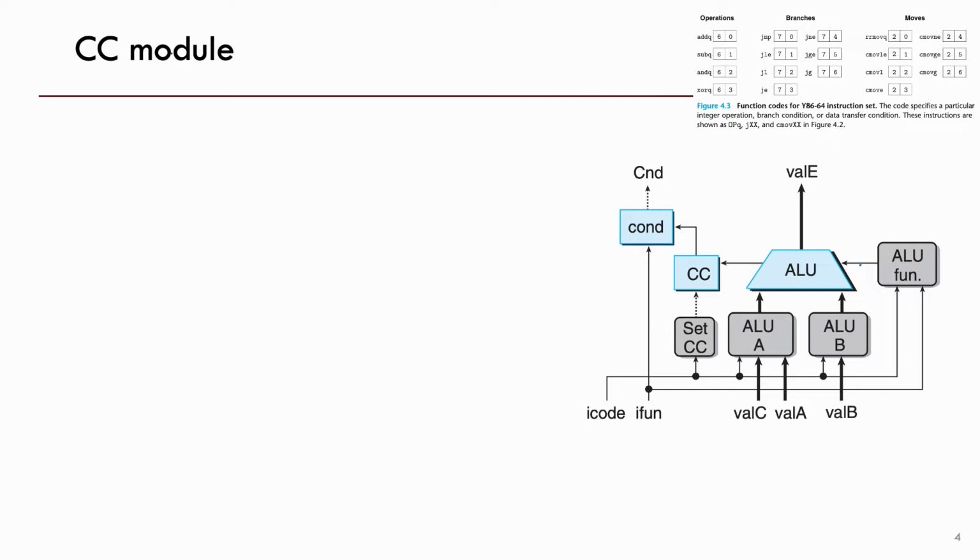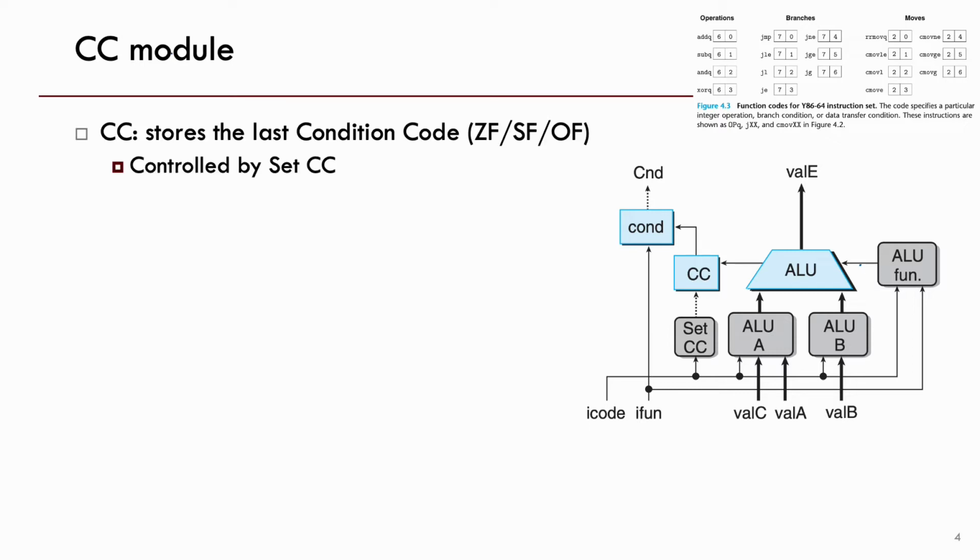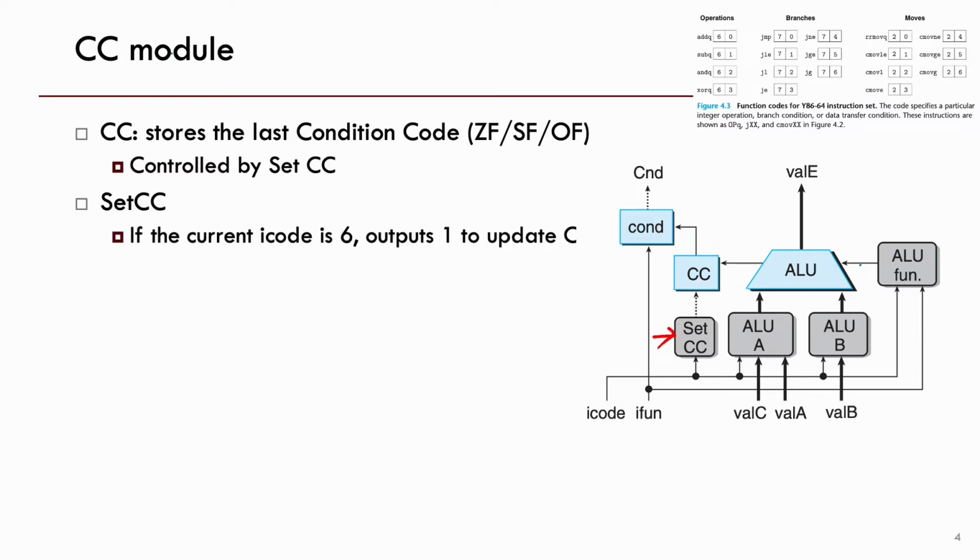Okay, so then let's talk about the CC module. It will store the last condition code, and it is controlled by setCC over here. setCC will output a 1-bit signal to update the CC value if the current I code is 6, which means this is one of the 4 instructions: add, sub, AND, or XOR.